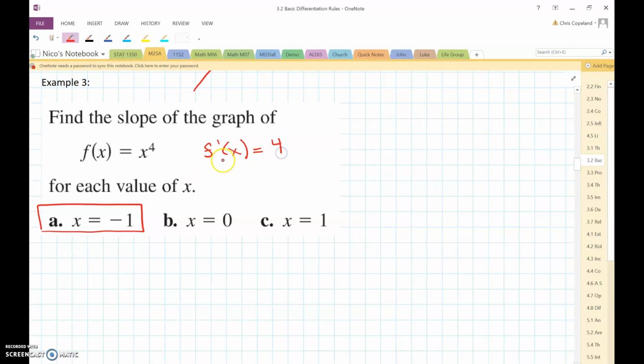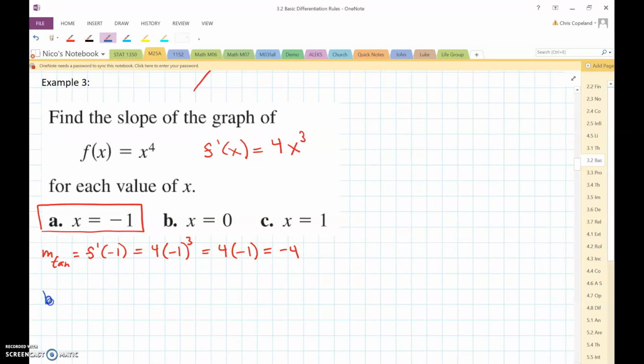For this one, it's going to be 4x to the third. To find the slope, the slope of the tangent line is equal to f prime of negative 1, which would be equal to 4 times negative 1 to the third power, which would be equal to 4 times negative 1, which would be equal to negative 4. So there's part A.